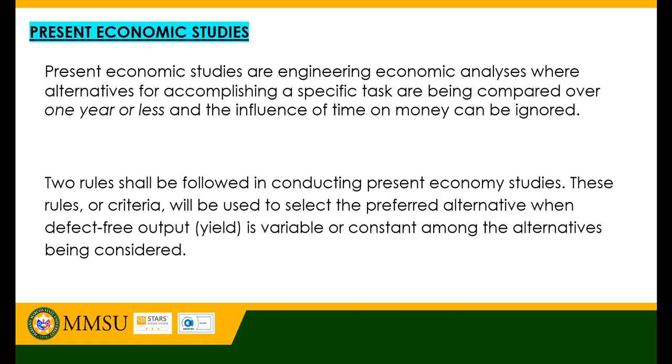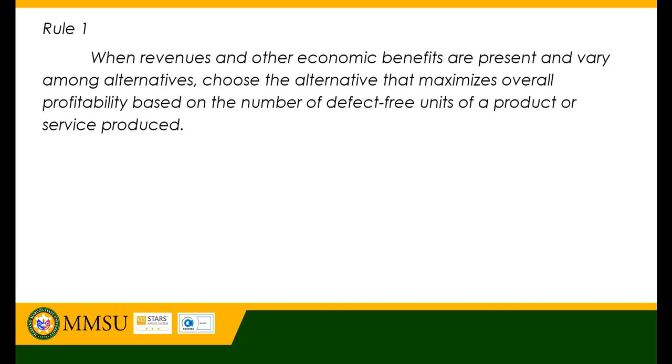So compare the alternatives. Okay, so when we select, now there are situations where present economic studies are involved, and we're going to discuss each situation and then perhaps present an example dun sa situation na yan. Okay, but first we need to present yung mga dalawang rules na yan.